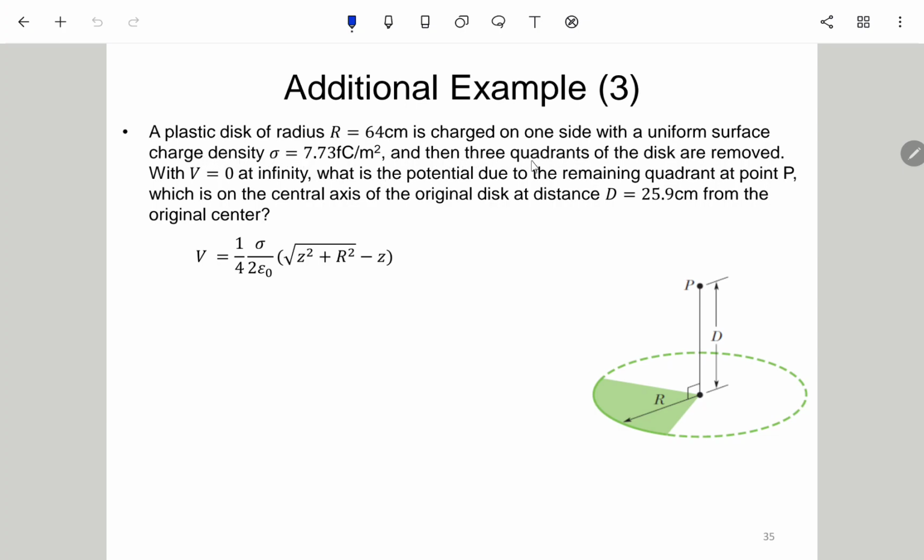Three quadrants, 三个象限就是3/4个 of the disc are removed, with V equals 0 at infinity. What is the potential due to the remaining quadrant at point P, which is on the central axis of the original disc at distance d equals this value from the original center?